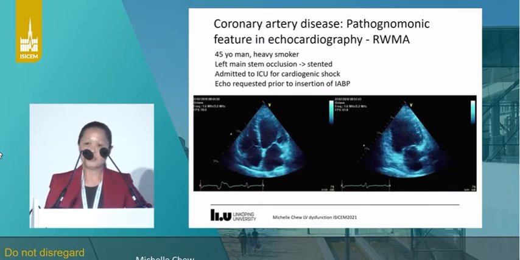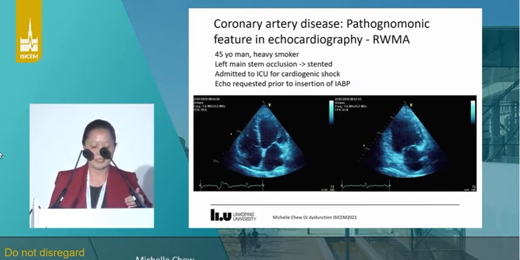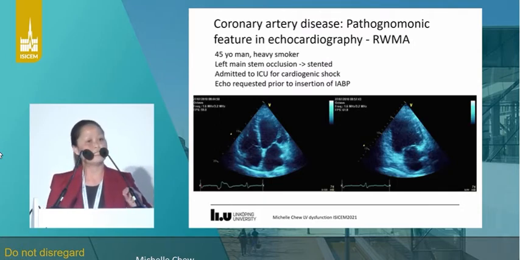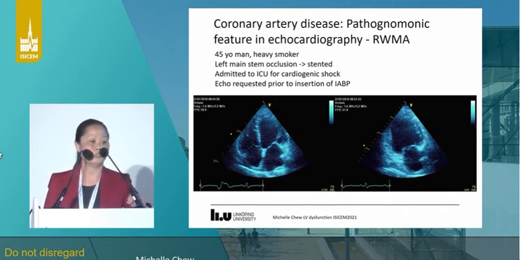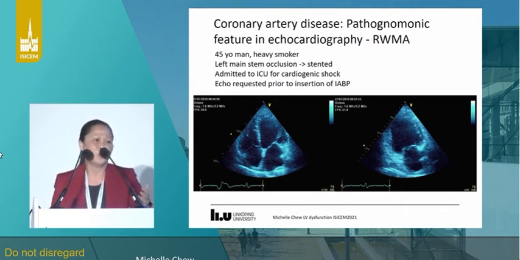What the PRICES consensus also recommends is to report the presence, degree, as well as the location of regional wall motion abnormalities. This is an old type of measurement and perhaps not so fancy anymore, however still important, and it's still reported according to the 16-segment model of the heart.